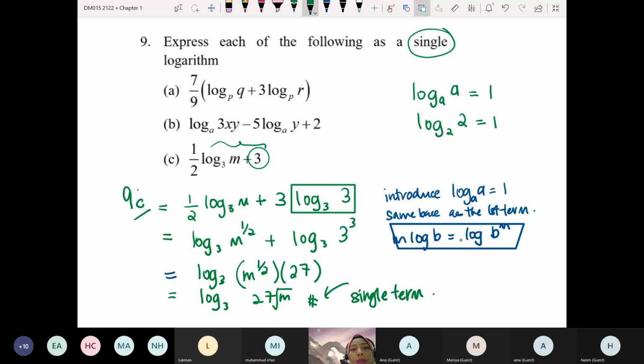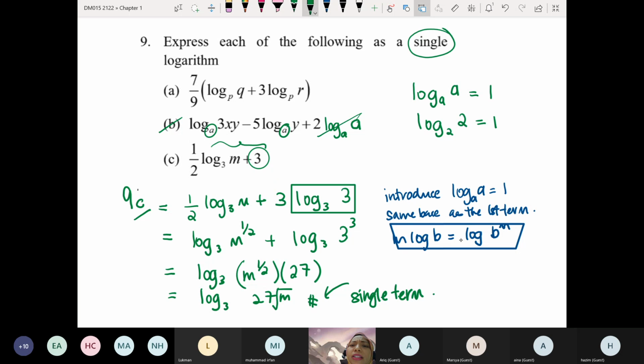So it is the same as question 2. Okay, for question 2, I ask you now: what log will you introduce at B? Which log? Log A. Yes, exactly. Log base A. So if it is log base A, this must also be A so that it equals 1.